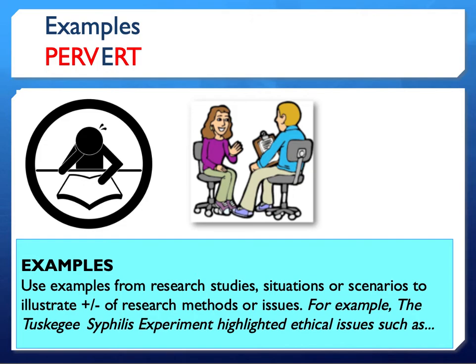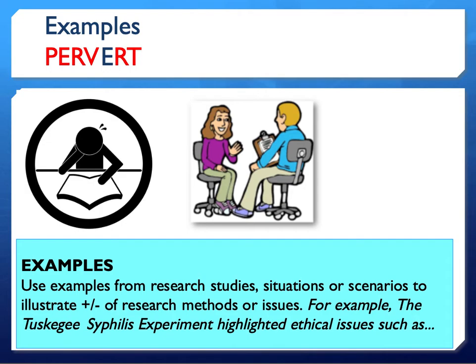If you can't remember the name of a specific study, what you can do is use an example of a general topic or issue to develop a point. So even if you can't remember a specific study, for example, if you're writing about questionnaires, I can't think of a sociologist who's used a questionnaire, you can talk about how questionnaires in general are useful for finding out about opinions. You'd say, why are they good for finding out about opinions?